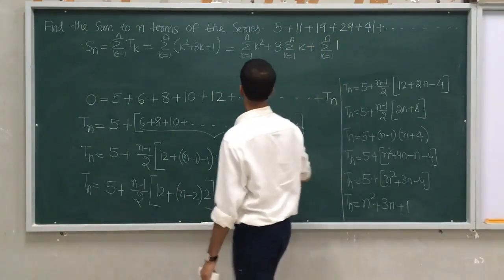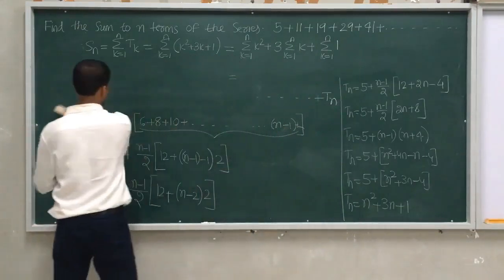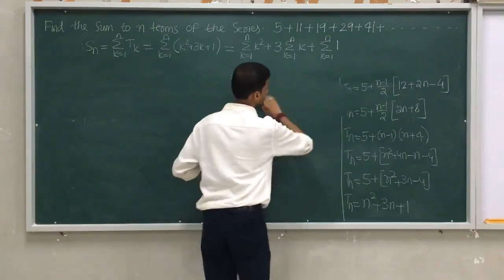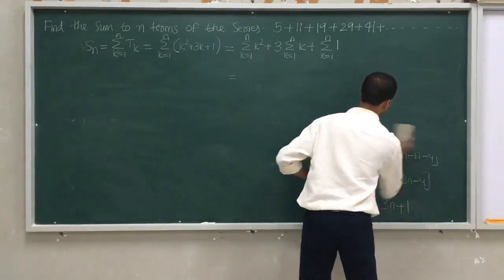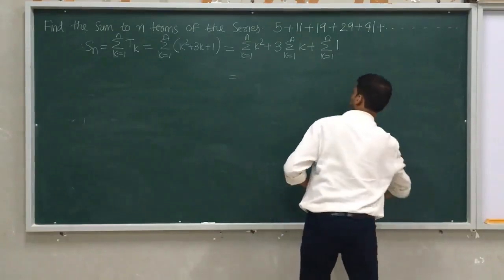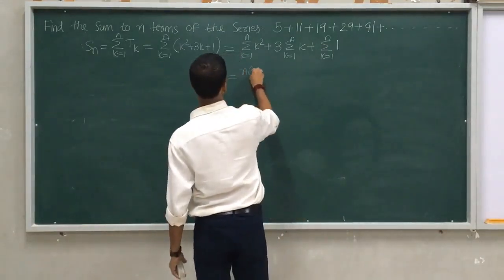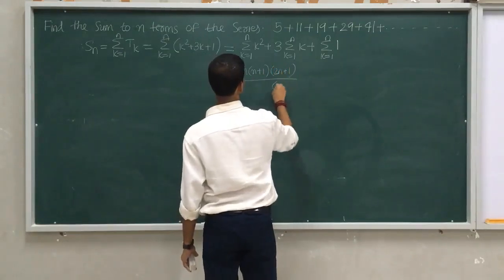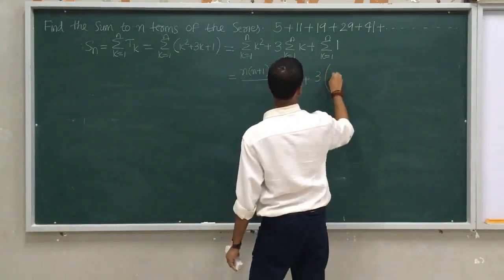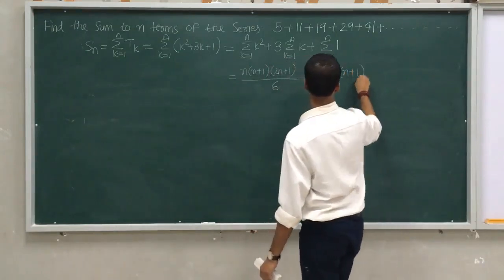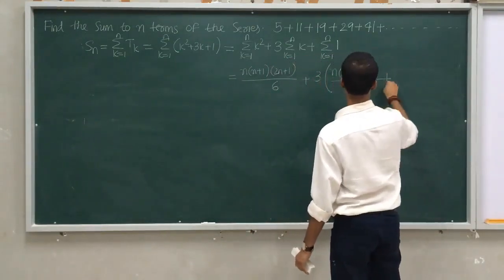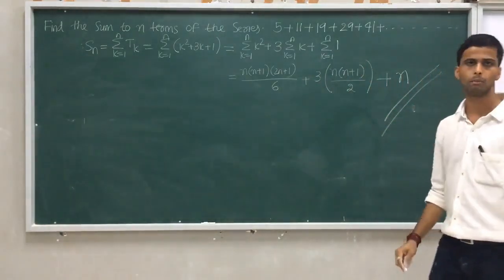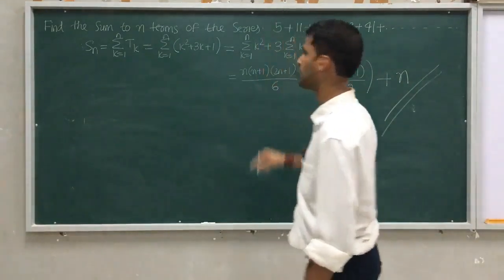We know these answers: n into n plus 1 into 2n plus 1 by 6, plus 3 times n into n plus 1 by 2, plus 1 repeated n times. So this is the sum of n terms of this series.